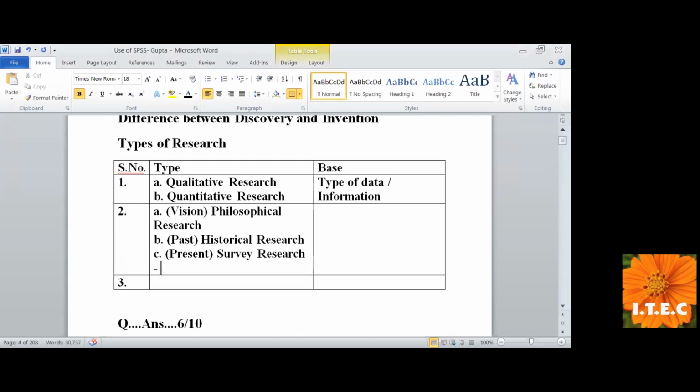Now, ONGC, Oil and Natural Gas Commission, keeps on doing surveys in different states in order to find out where the oil is available. There are other people who also keep on doing surveys to find out where the minerals are available.